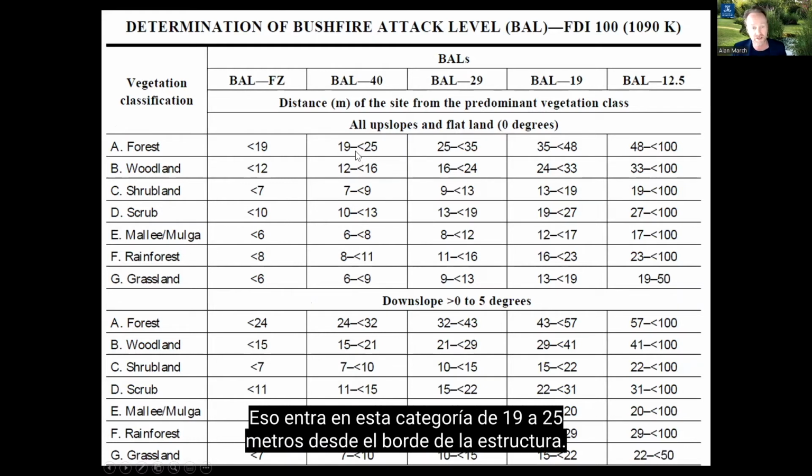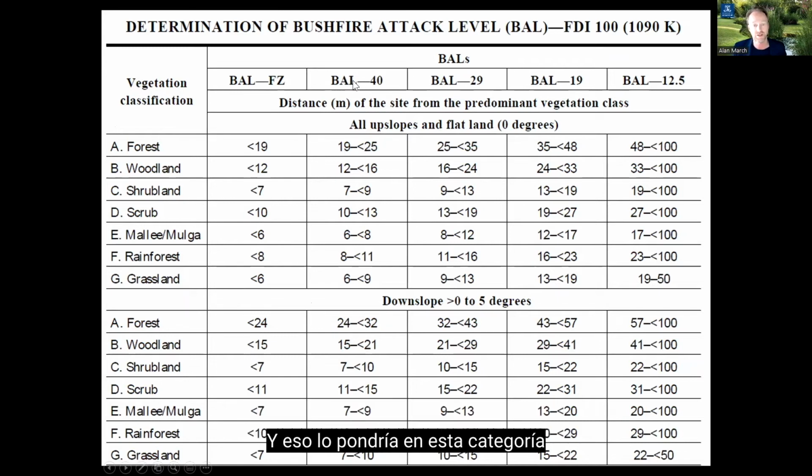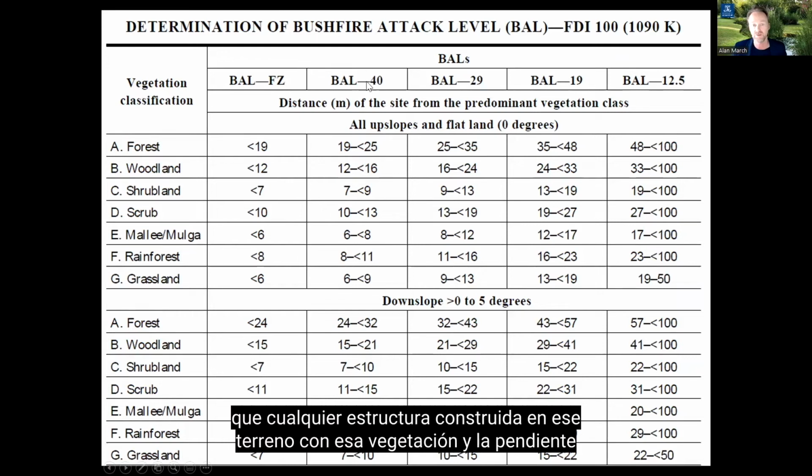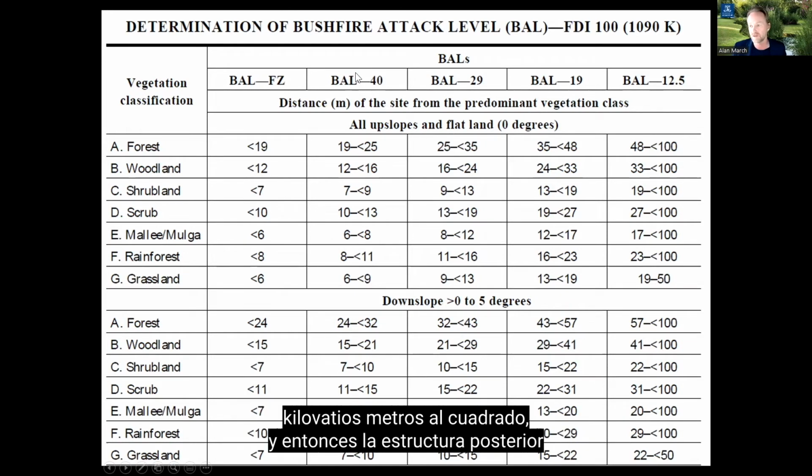That falls into this category of 19 to 25 meters from the edge of the structure. And that would put it into this category that any structure built on that land with that vegetation and the slope under that vegetation would result in a bushfire attack level of 40 kilowatts per meter squared. And then the subsequent structure would need to be able to handle BAL 40 conditions.